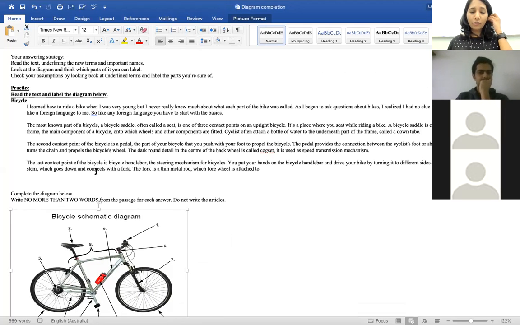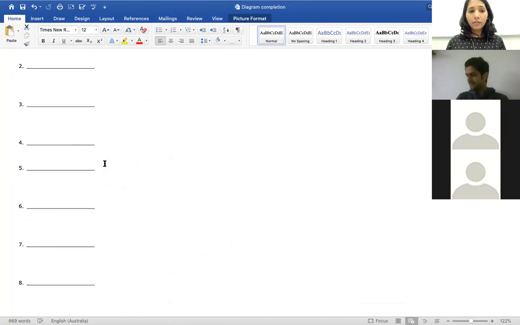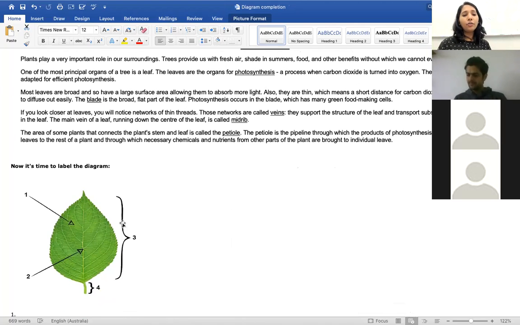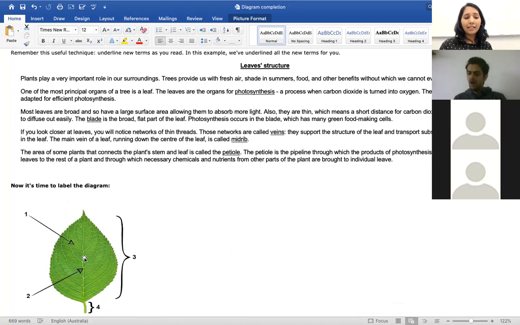Throughout our days doing reading, we have not touched upon this type of question. Here they're giving you a description. Can you see a leaf? They'll give you a description about this picture, and you have to label this diagram. So this is also called labeling the diagram.